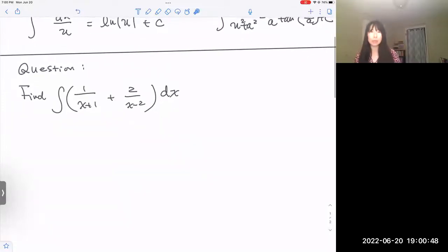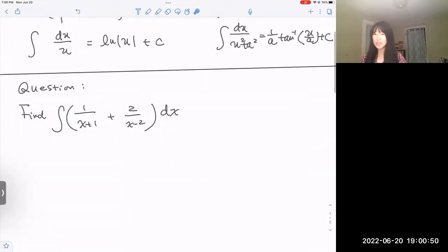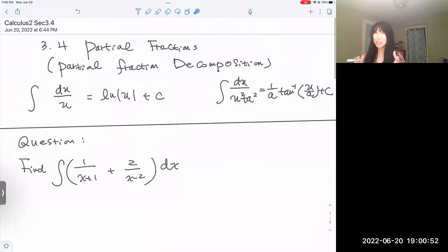Before we go into the techniques, one of this section's techniques is called partial fraction decomposition. It's the same concept as the earlier sections. We cannot use u-sub, then we try other things.